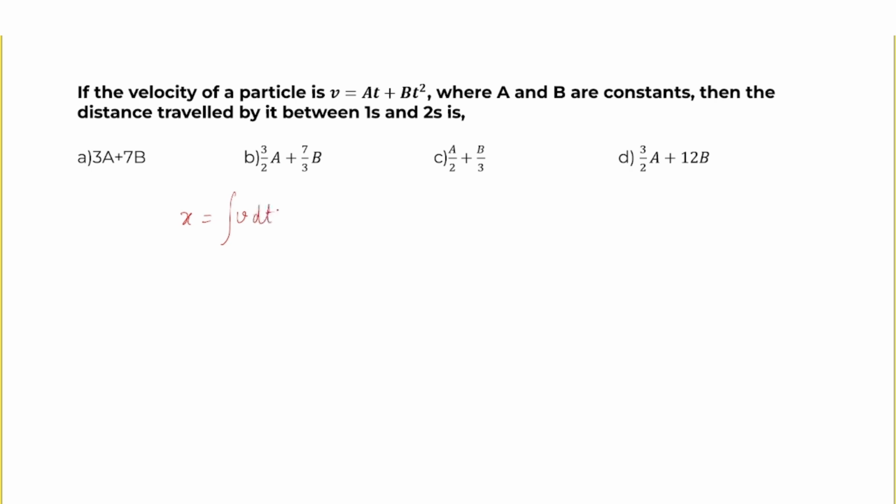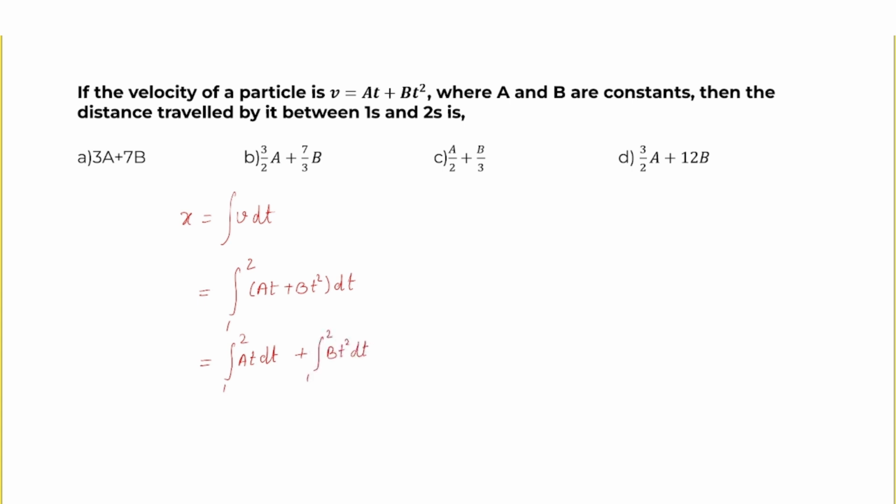So if you integrate the velocity function, that will give us at plus bt square dt, integrating from 1 to 2 seconds. That we can further write as integration of at dt from 1 to 2 plus integration of 1 to 2 bt square dt.